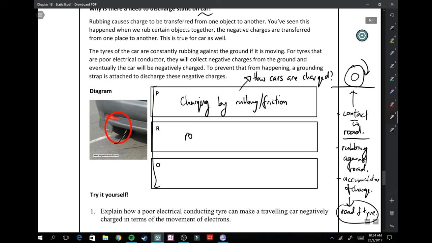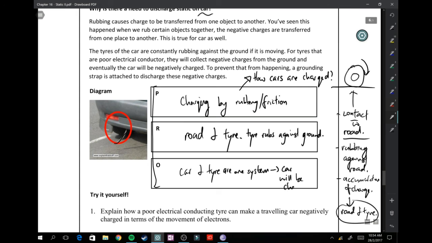So when the tire rubs against the ground, it actually accumulates electrons on it. And because the tire and the car are one system, the entire car will be charged at the end. So they will be charged.